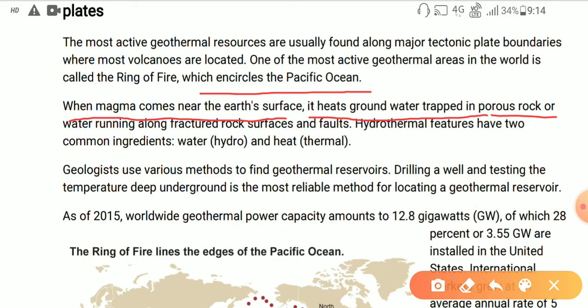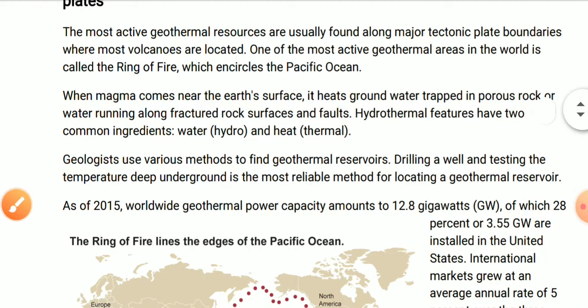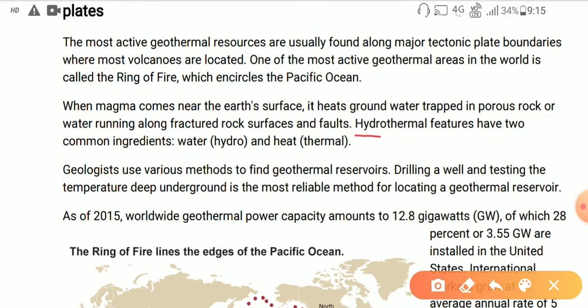The hydrothermal features have two common ingredients, and they are water and heat. So hydrothermal features are basically formed by the combination of water and heat, which is the most effective for getting geothermal energy.